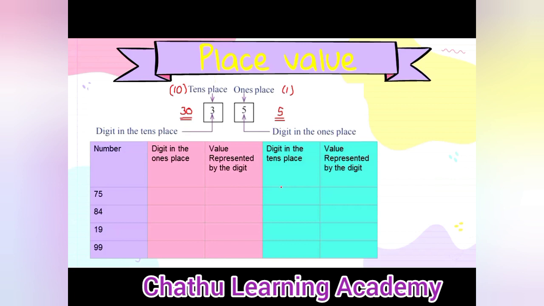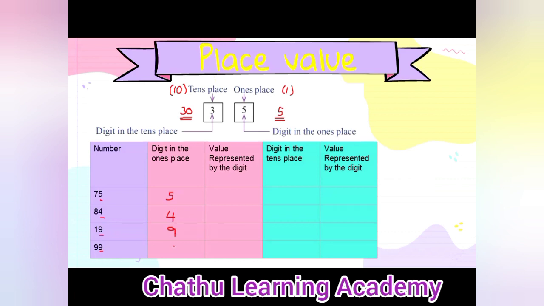Now look at this table. Here 75. Now we will try to complete this table. The digit in the ones place of 75 is 5. Then here it's 4. In 19, the ones place digit is 9.